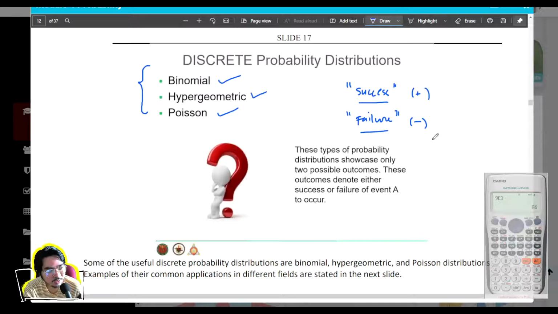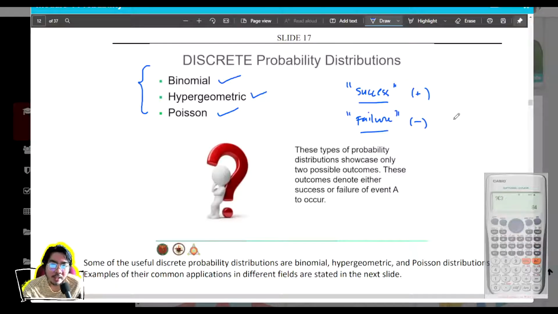Tapos nung nag-calculate sila, nahirapan sila kasi imposible pala. The best way to solve it pala is to designate success as yung hindi naka-recover or namatay yung patient, tapos yung failure is naka-recover siya. Which is medyo counterintuitive, no? Parang ganun. So later, maybe we will encounter that certain problem na yun.